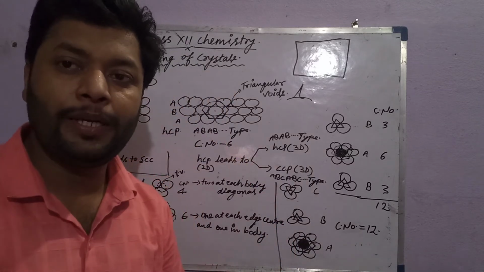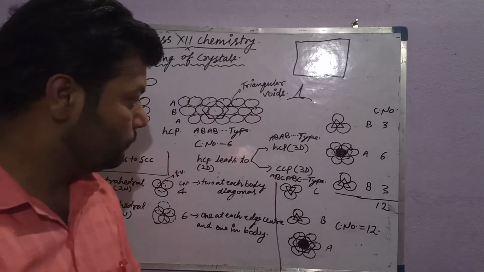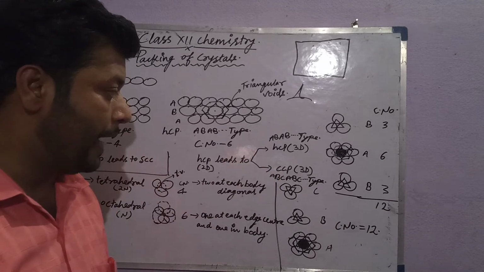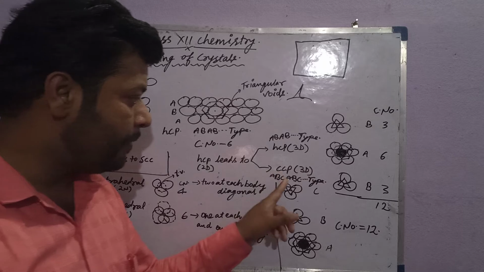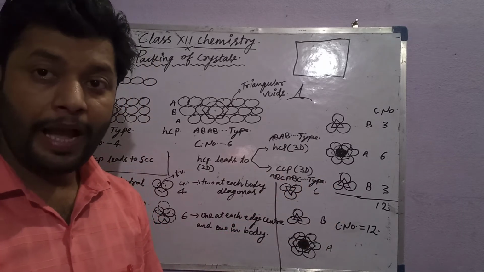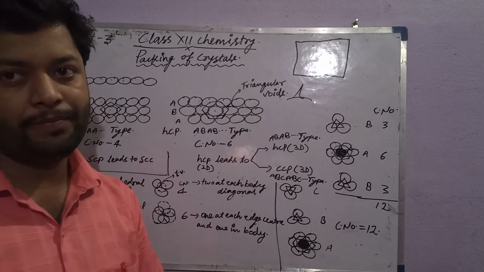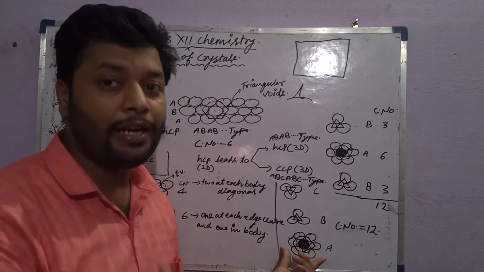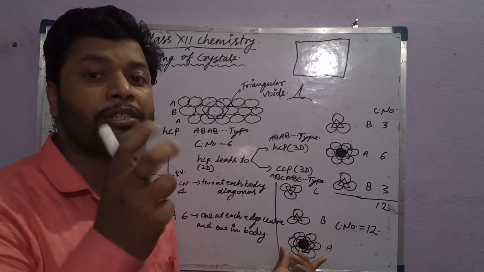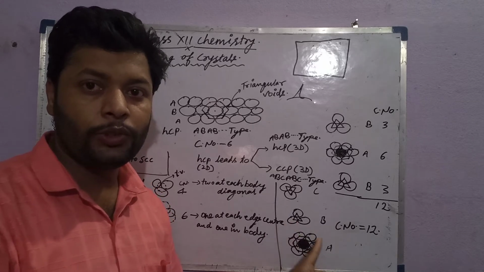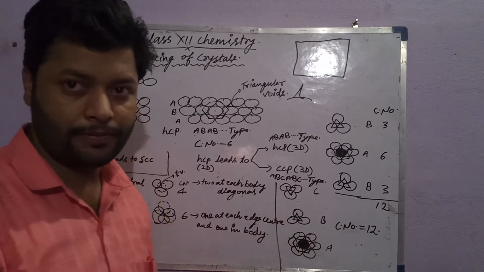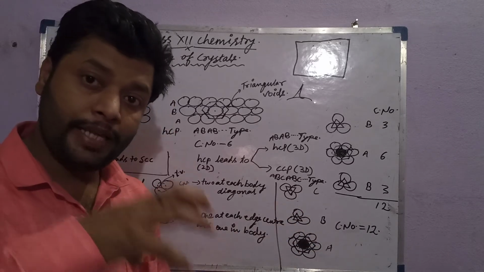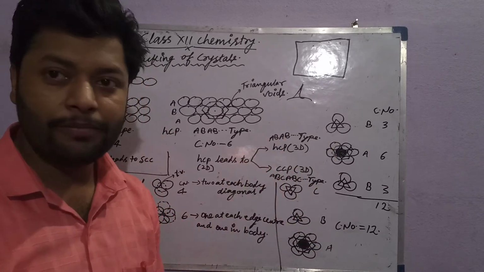The next arrangement is really very interesting. You can see cubic close packing in 3D has an ABC type. ABC type means the first layer, now this is not a center layer, now this is supposed as the first layer. The hexagonal 2D is supposed as the first layer, and the uppermost layer takes the same whites as in HCP.